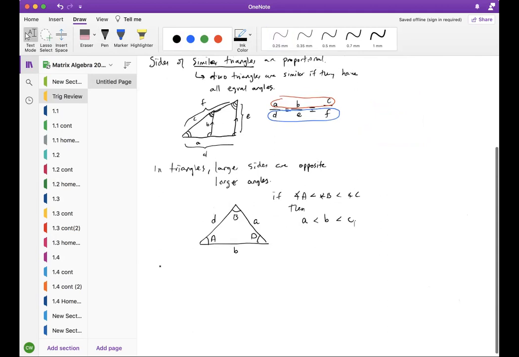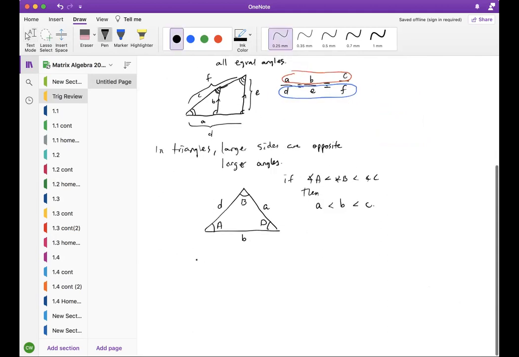Actually, I'll even go about this in particular. Equilateral triangles have equal angles.